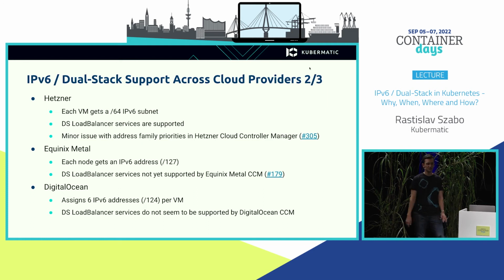Actually, each VM would get 2 to the power of 64 IPv6 addresses that you can use internally within that VM, for example, to address the pods. The load balancer services are even supported, so that works. In this case, there is a minor problem, but in general, very good IPv6 support.